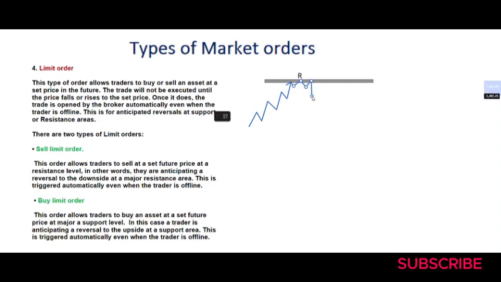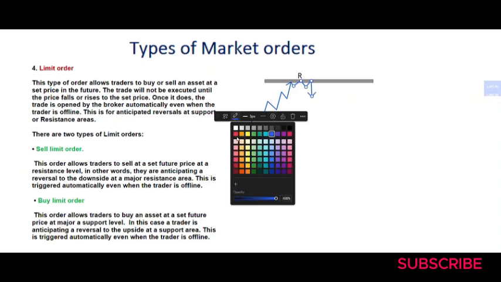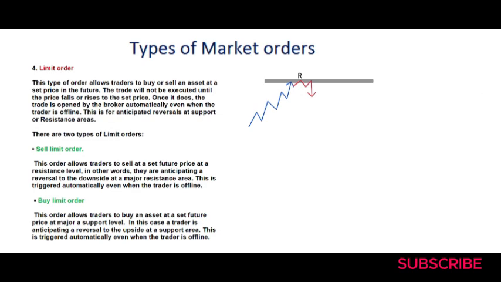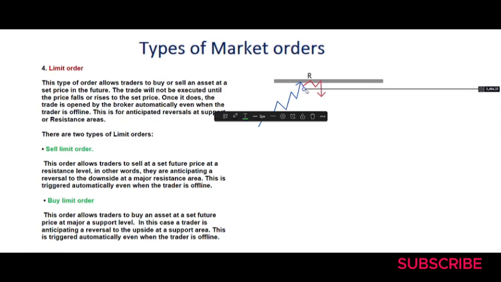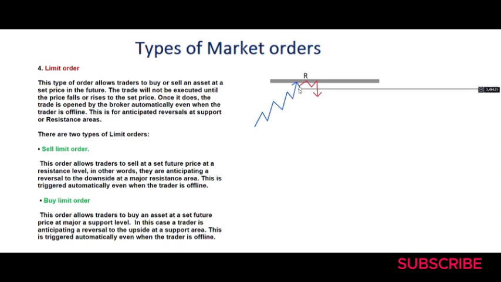So you set your price in the future where you anticipate a reversal, instructing your broker as the price rises to the upside to sell at a certain higher price in the future, because you are anticipating a reversal to the downside.